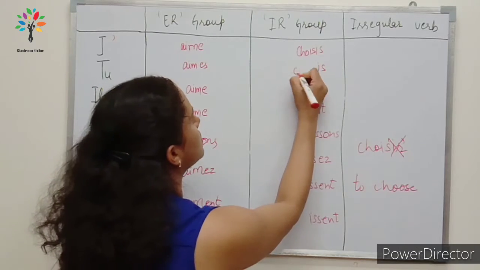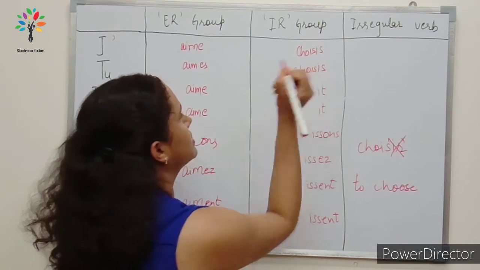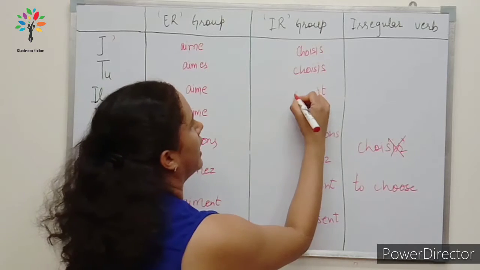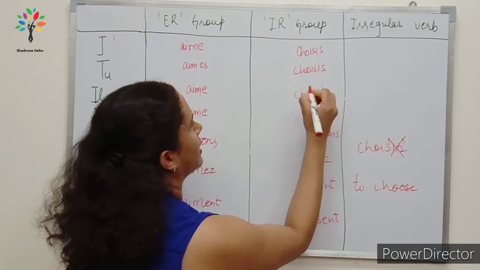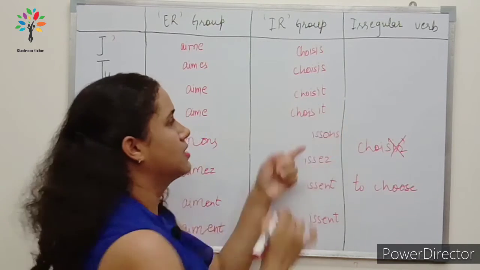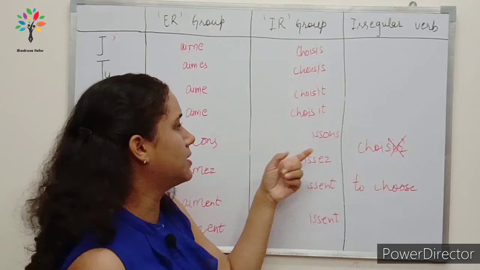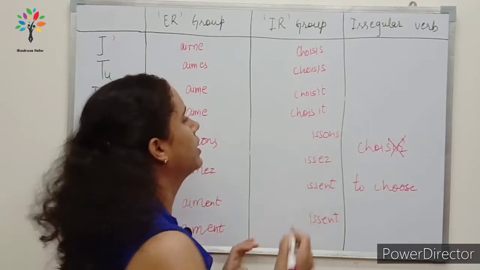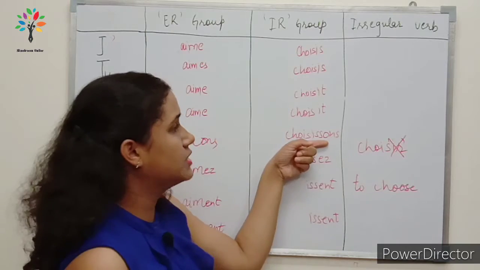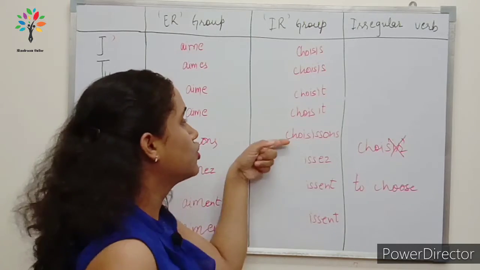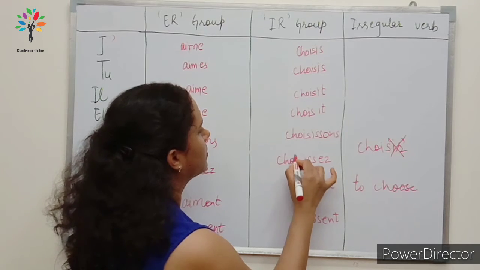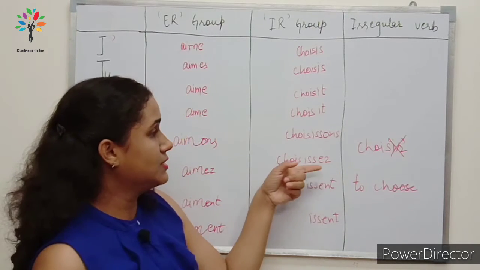With tu, tu choisis. With il and elle, il choisit. With nous it will become nous choisissons. With vous, it will become vous choisissez.